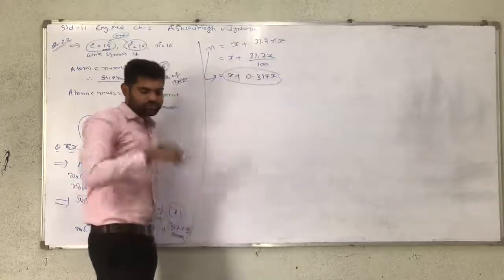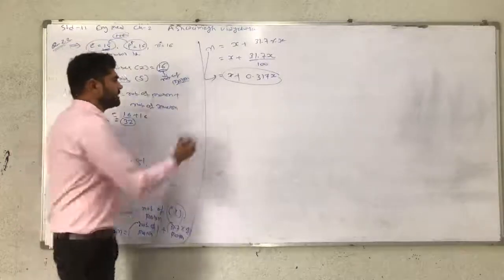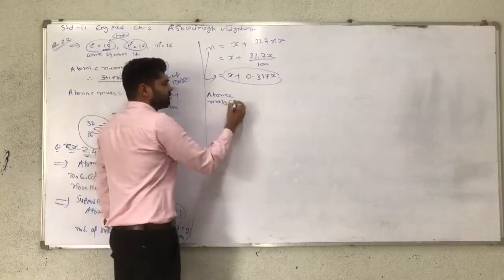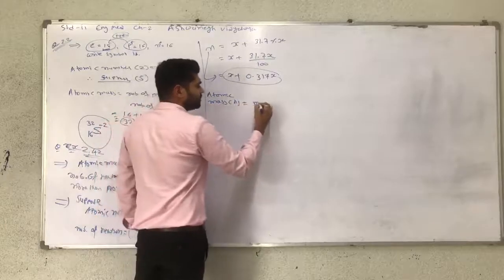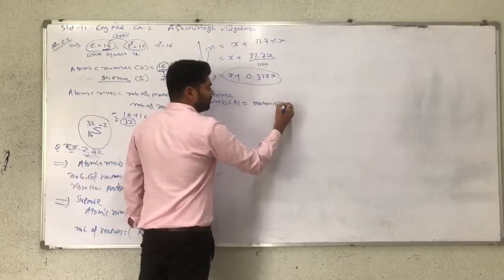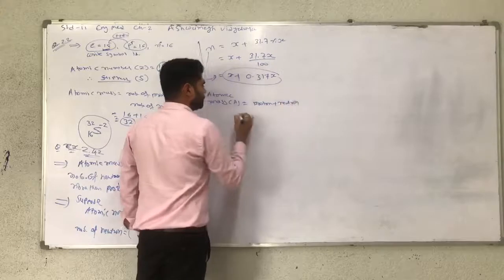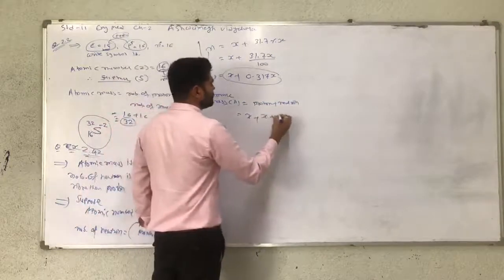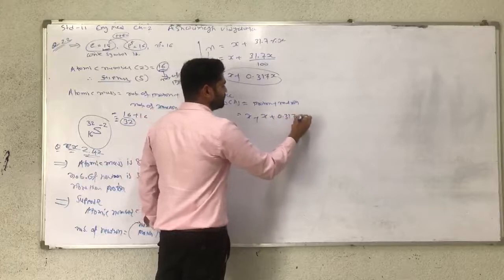Now we have to solve for the atomic mass. Atomic mass A is equal to protons plus neutrons. So protons we take as X and neutrons is equal to X plus 0.317X.